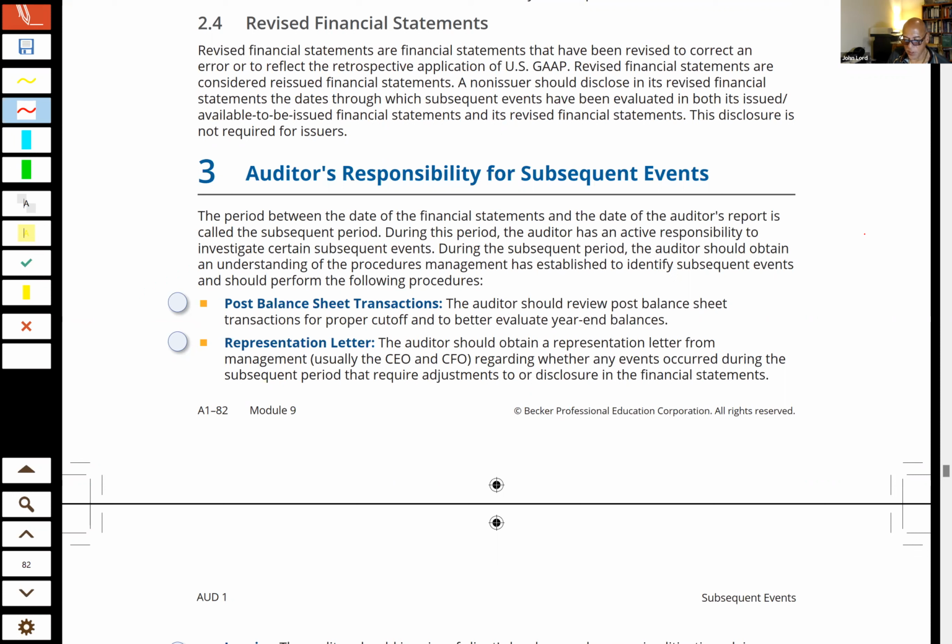December 31st. How do we make sure we're catching all those things that weren't there December 31st, but maybe were there by January 15th, et cetera, whatever date I said, February 28th, that need to be disclosed, okay? So that period, the period between the date of the financial statements and date of audit report, is called the subsequent period. During this period, the auditor is actively responsible to investigate certain subsequent events.